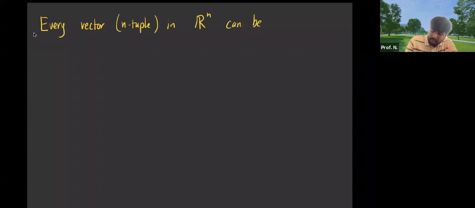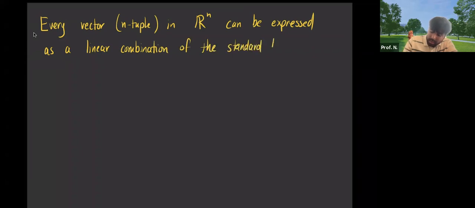Well, the thing is, every vector or n-tuple in Rn can be expressed as a linear combination, and this is when things get interesting, a linear combination of the standard basis vectors. And you'll see eventually why you even care about this.